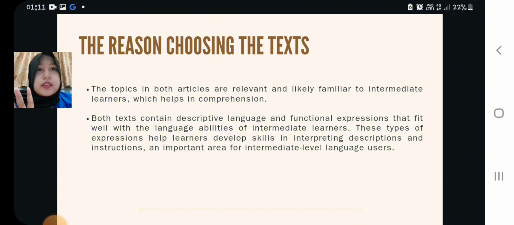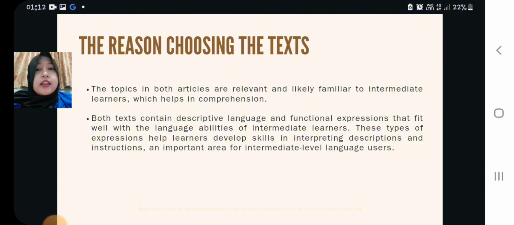It introduces relevant vocabulary related to health and technology, which is often seen in everyday context. The vocabulary and sentence structure in this text are complex enough to challenge learners, but still achievable for those at the intermediate level.